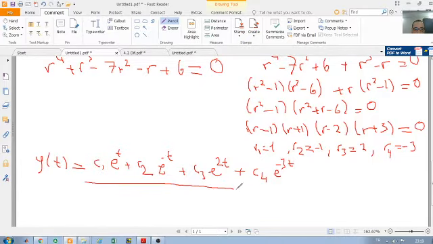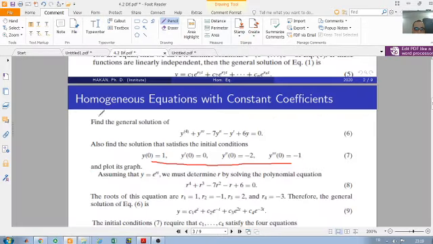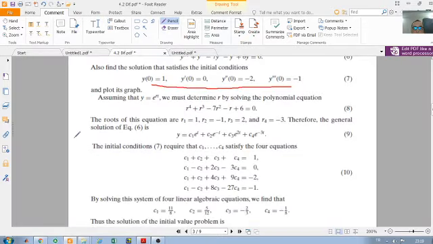Okay, this is the general solution of the differential equation, and we can check this by finding the Wronskian of the special solutions: e to the power t, e to the power minus t, e to the power 2t, and e to the power minus 3t also. And here you can see the answer also. And we have the initial conditions, which means we can also find the constants c1, c2, c3 and c4.